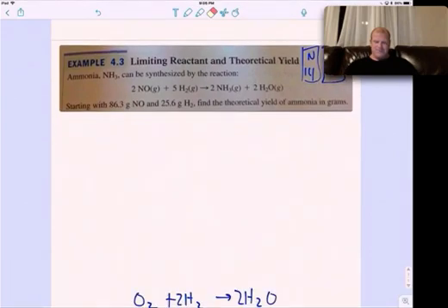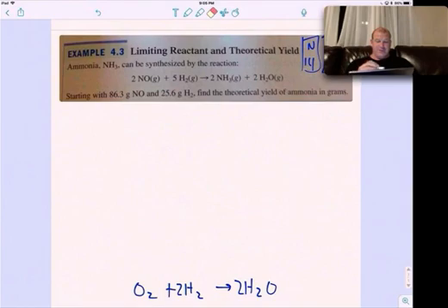Okay. So let's look at a problem. We don't know what the limiting reagent is. Ammonia, for instance, can be synthesized by this reaction. That's not how we make ammonia. We make ammonia from nitrogen and hydrogen over an iron catalyst. But you could do this.